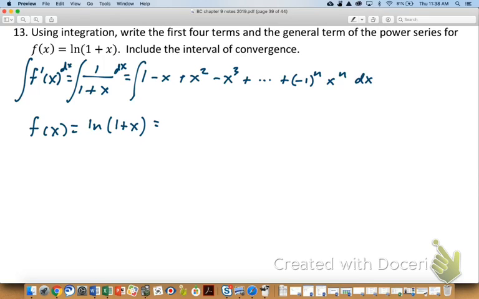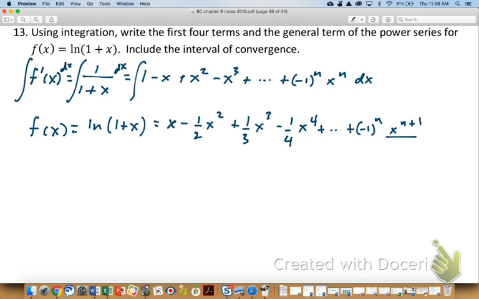But then if I do the antiderivative of my polynomial terms, I'll be there. It'd be x minus 1/2 x squared plus 1/3 x cubed minus 1/4 x to the 4th plus ... It's still alternating, and it would just be x to the n plus 1 over n plus 1. And I'm done.